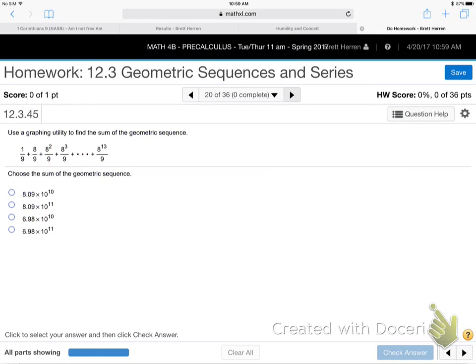All right, let's try here number 20. So again, the S sub n formula, which is A1, 1 minus r to the n over 1 minus r.